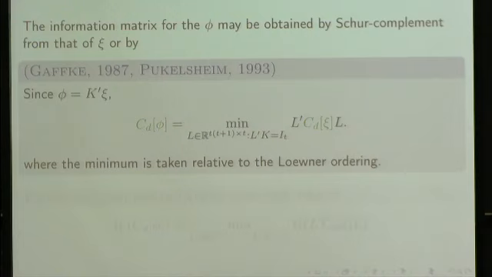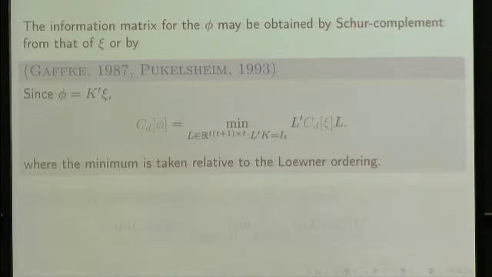So we prefer to use the extremal representation given by Gaffke in 87 or extensively studied by Pukelsheim in 93. So we obtain the information matrix for the parameter phi from the information matrix of the whole parameter here, just by this minimization problem. So we minimize over all the matrices L of size t plus 1 by t, satisfying this constraint here, and the minimum is obtained for the Loewner ordering.